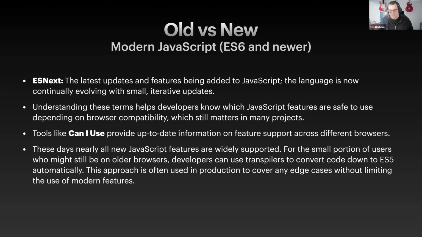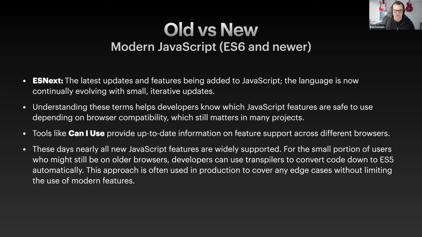Now, it's good to just get across these terms, ES5, ES6, ES Next, because it will help you when talking with other developers about what's being used on a project, what features are available, and why something may not have been used.